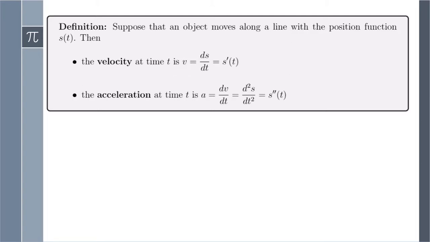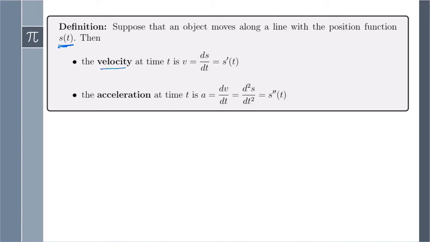Let's look at a small application here. Remember, we talked about the velocity problem at the beginning, and then we were trying to find the instantaneous velocity. Now with this derivative in hand, we can do that easily. For example, s of t is the position function of any moving object.